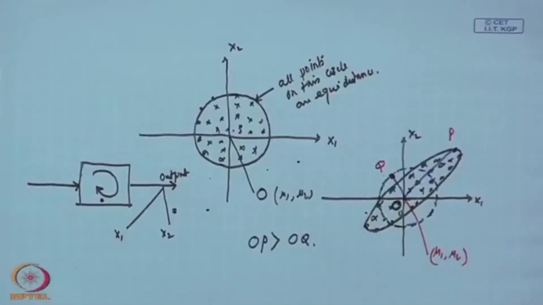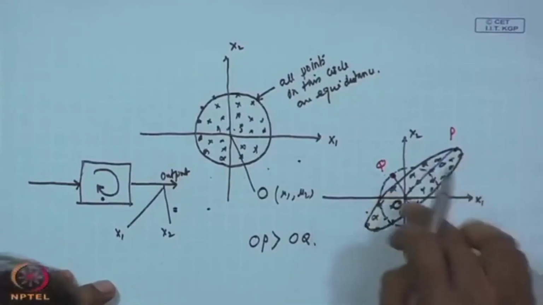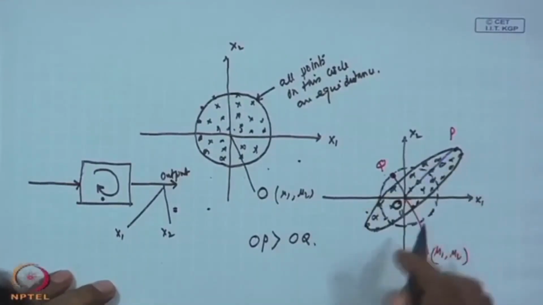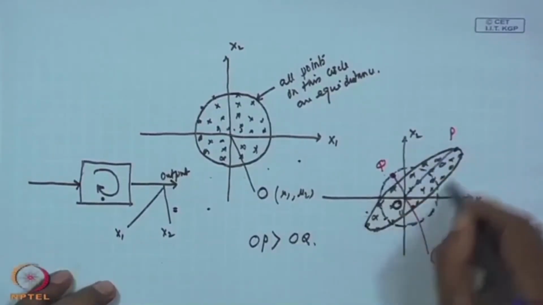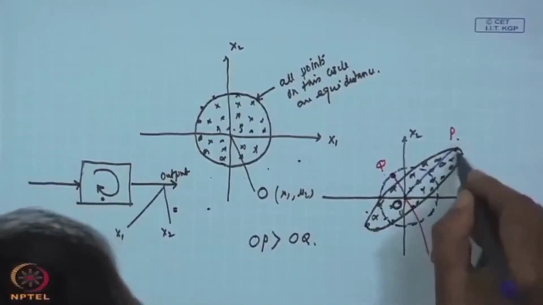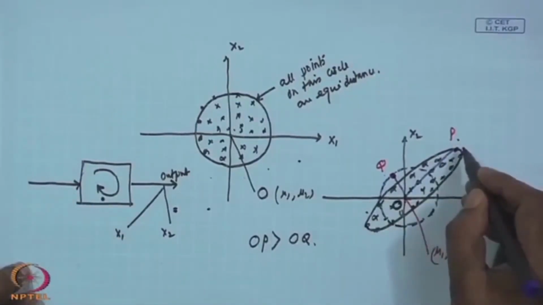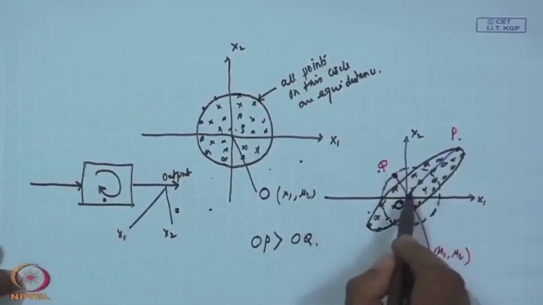P. This P is closer to O. The reason is that the general mass behaves like an ellipse, and point P belongs to this general mass, whereas point Q does not belong to the general mass.